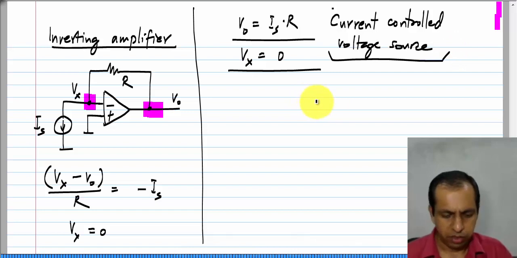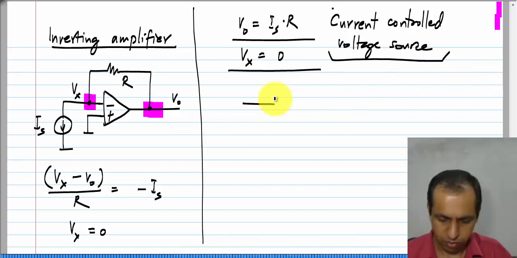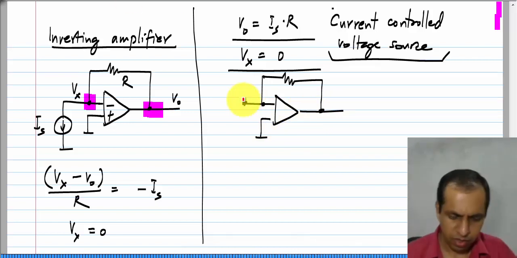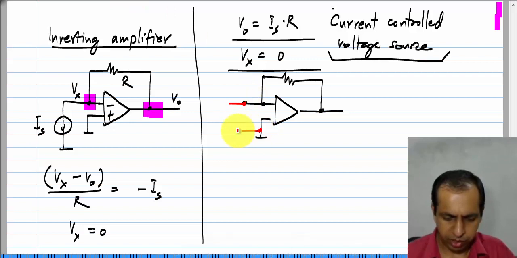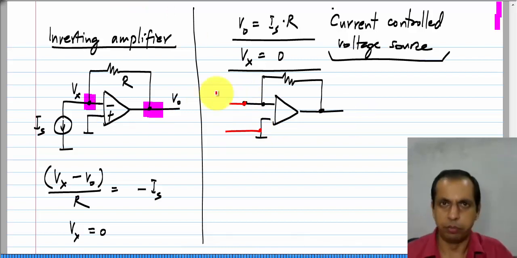What does it mean? First of all, let us evaluate the input and output resistances of this circuit. To calculate the input resistance, I have to apply a test voltage or a test current between these two terminals. I will use a test current because that result is already available to me, and in fact, if you try to use a test voltage, you will find that you will end up with a contradiction.